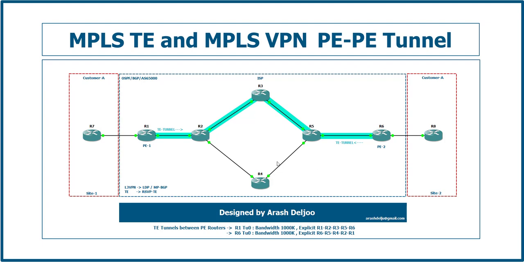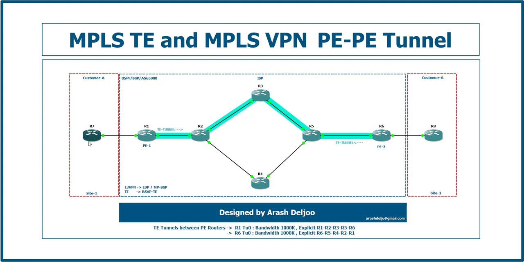You know that when you don't have traffic engineering tunnels, only the IGP can load balance the traffic between the links. If you want, you can use traffic engineering tunnels for better forwarding and better load balancing of the traffic between your links. In this scenario, I'm going to show you how we can configure traffic engineering tunnels from R1 to R6.